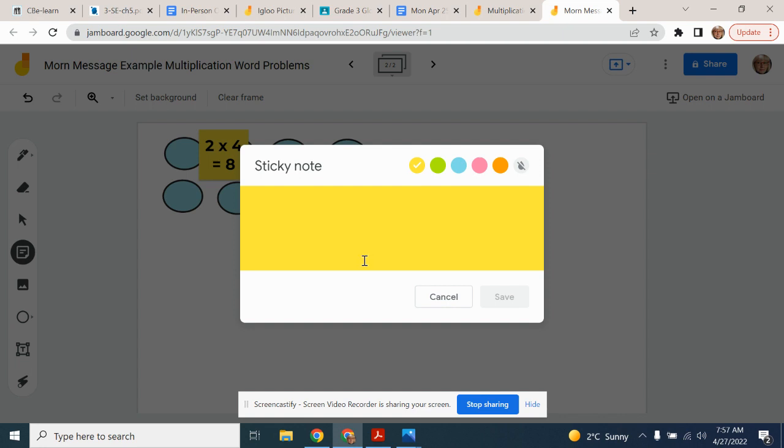So we had 2 or 4. So you could do 2 plus 2. You do it 4 times, plus 2. And you can count by 2s. 2, 4, 6, 8 equals 8. And I also have 2 4s. 2, 4 plus 4, which equals 8.